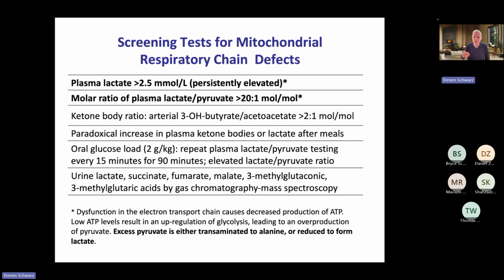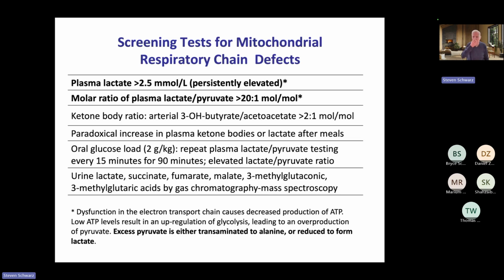A paradoxical increase in plasma ketones or lactate after meals. Remember, after meals, you should have a reduction, but you can get a paradoxical increase in ketones after meals. You can then give them an oral glucose load and look for elevations in plasma lactate.